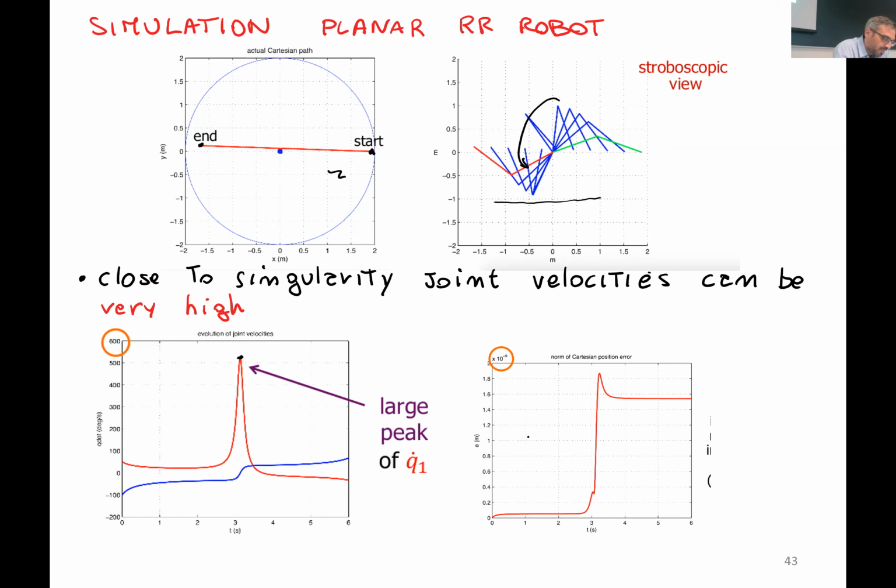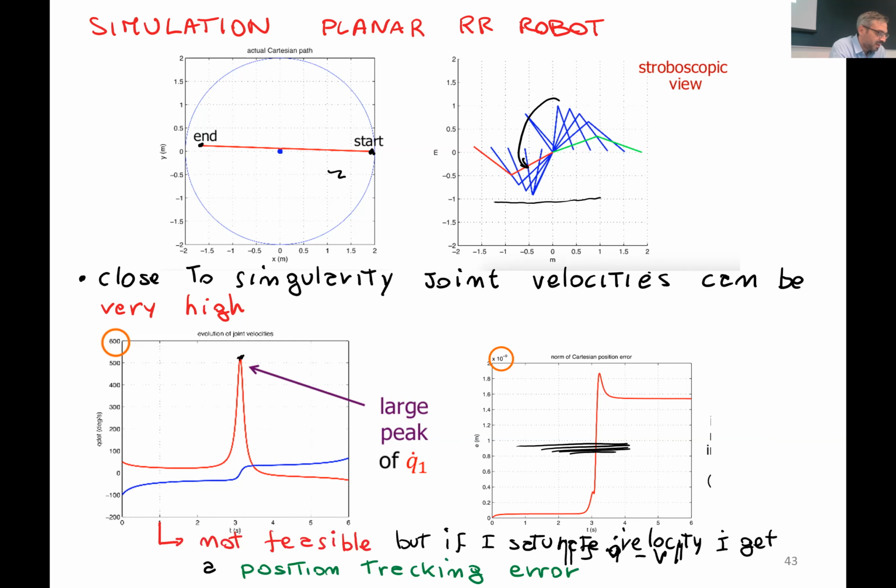So let's say we are using this inverse kinematics to implement a controller, we check the error of v minus v. And we see that it is achieved because we are not at the singularity, but the velocities are very big.